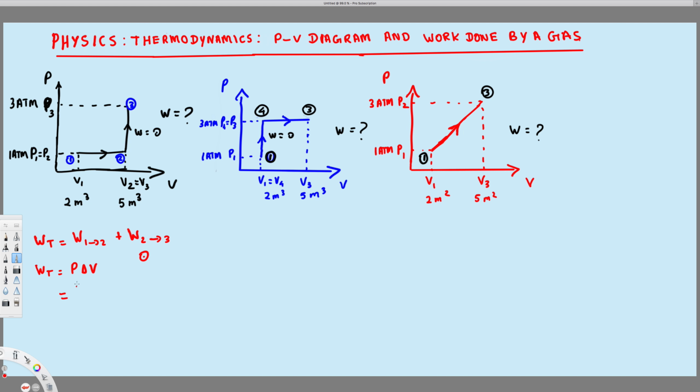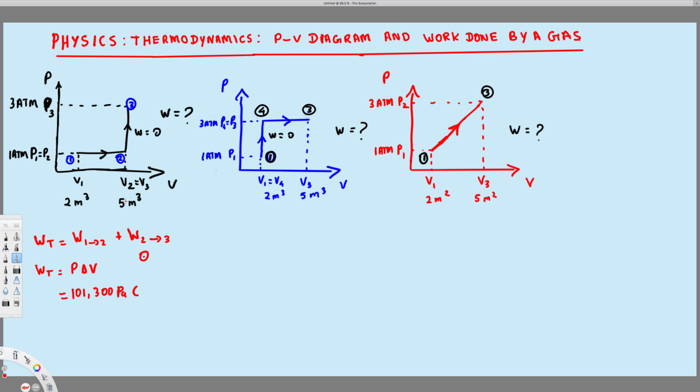Or you can keep it as atm, convert the volume into liter, and multiply by 101.3. It will also work, but let's convert to Pascal. 1 atm is going to give you 101,300 Pascal, times the delta V, that's final minus initial.